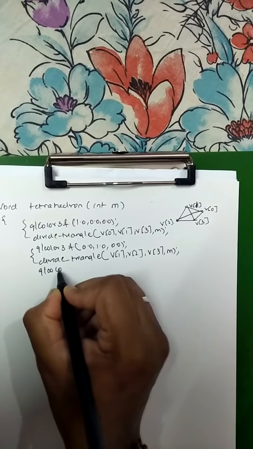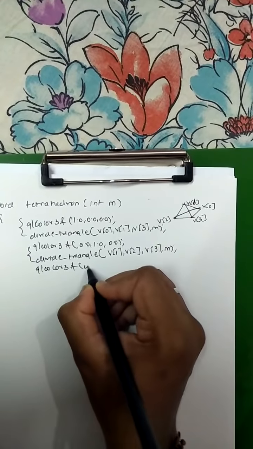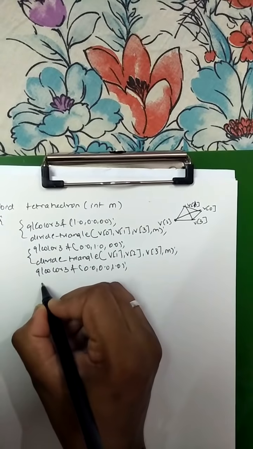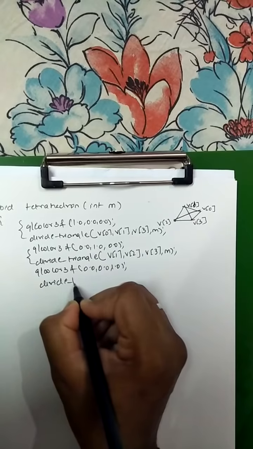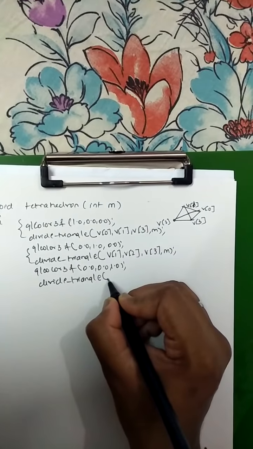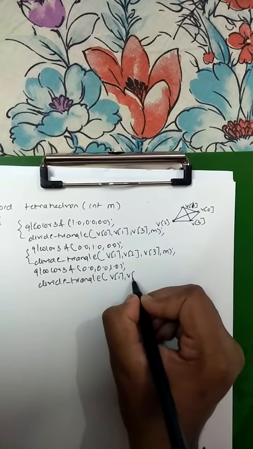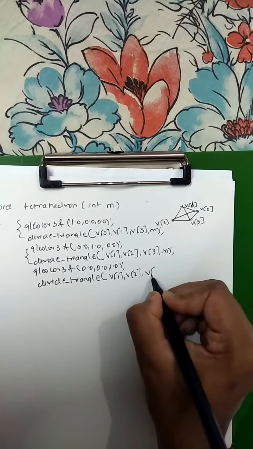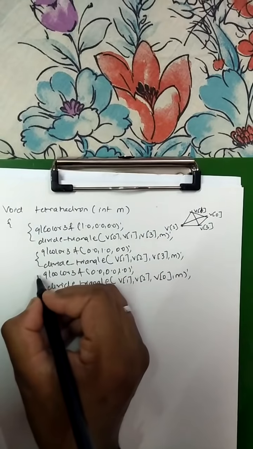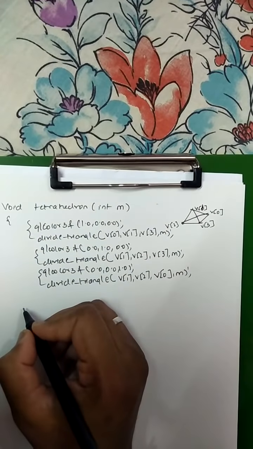And I'll set a different color for one more face, blue color, and I'll call divide triangle V of 1, V of 2 and V of 0, and I'll pass M. So this is the third face.